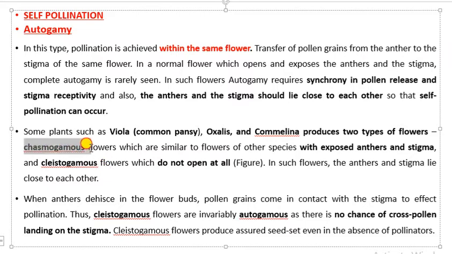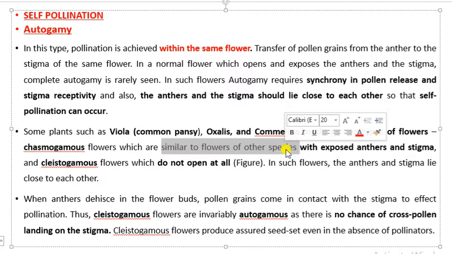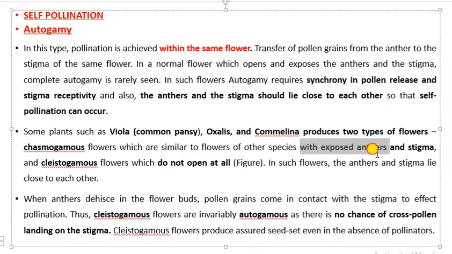These chasmogamous flowers are similar to flowers of other species. They have exposed anthers and stigma, and they are also known as open flowers. While the cleistogamous flowers are closed flowers, they do not open and they do not have exposed anthers and exposed stigma.